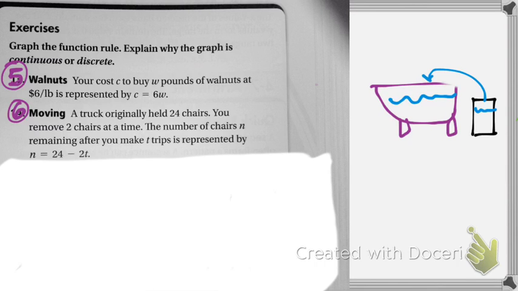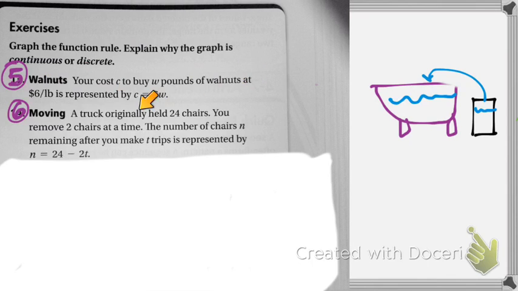Okay, so number 5, your cost C to buy W pounds of walnuts at $6 per pound is represented. If I wanted to buy walnuts and they're talking about per pound, I could buy a half a pound or a third of a pound, or I could just buy one walnut, I guess.